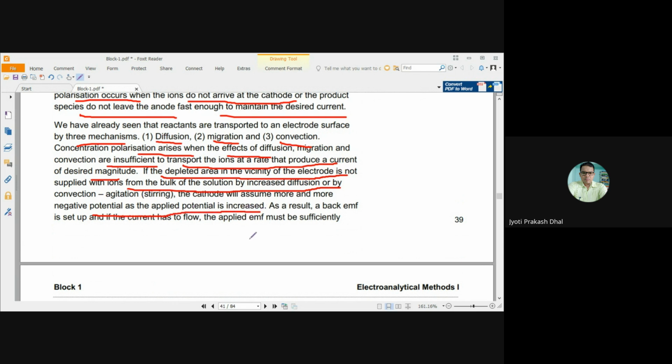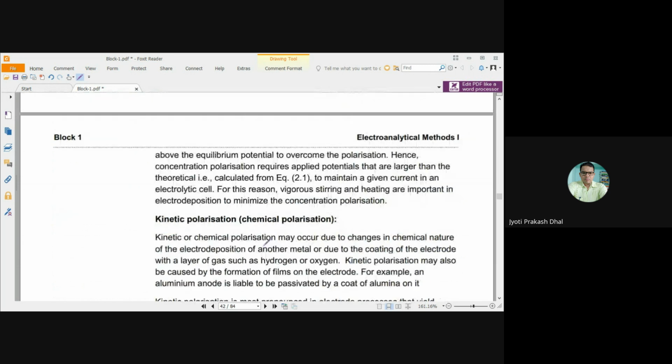As a result, a back EMF is set up, and for the current to flow, the applied EMF must be sufficiently above the equilibrium potential to overcome the polarization. Hence, concentration polarization requires applied potentials that are larger than the theoretical value calculated from equation 2.1.